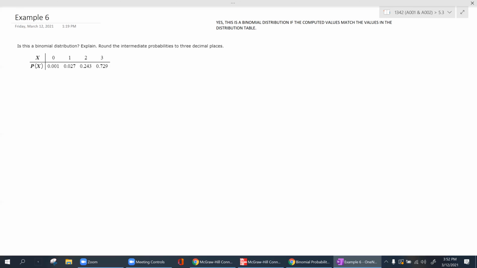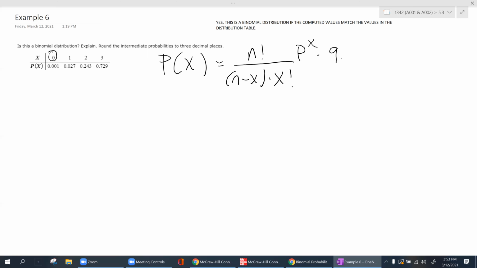So let's get started. I don't know my p, meaning then I don't know my q. So whenever you're doing these, your focus wants to be on x equals 0, and we'll see why. We know the formula is P of x equals n factorial over n minus x factorial times x factorial, times p to the x times q to the n minus x.